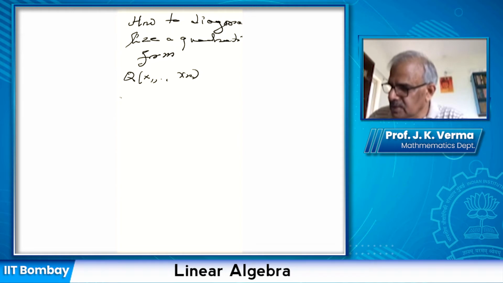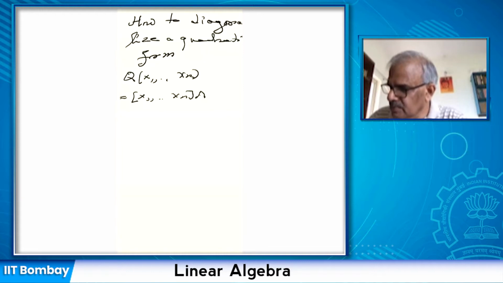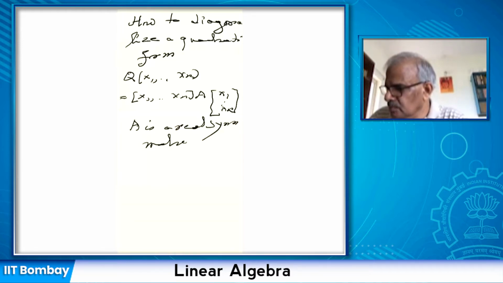This is given by the following formula: (x1 up to xn) times a real symmetric matrix A times (x1 up to xn) transposed.